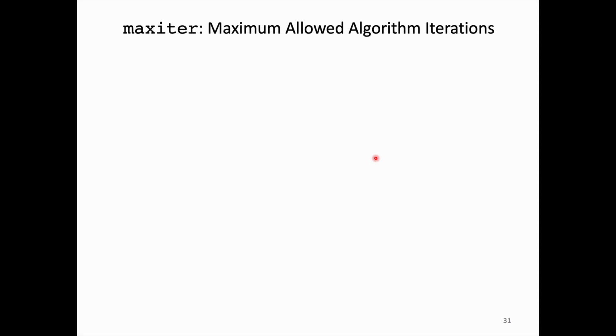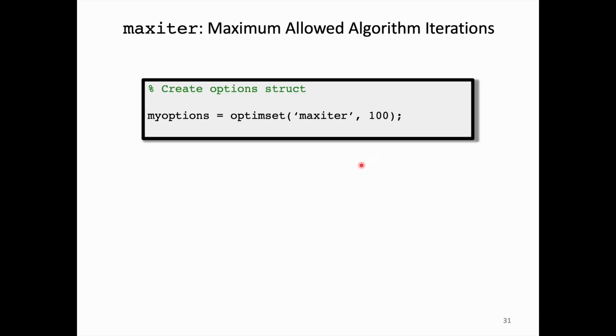And this tolerance helps us to know with what accuracy we are solving or satisfying these constraints. Let's have a look at these different things that we can change regarding the tolerances and settings for termination conditions in Matlab. So MaxIter, the maximum allowed iterations. We looked at this previously. We use optimset to change the MaxIter field, and here I changed it to 100.